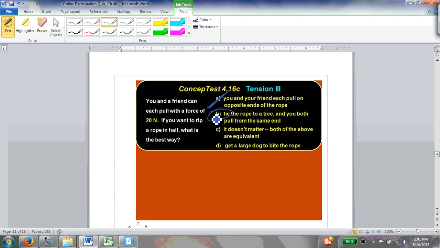It's B, to tie the rope to a tree and then you both pull from the same end. So you get 20 newtons and 20 newtons, for a net force, or tension, of 40 newtons.